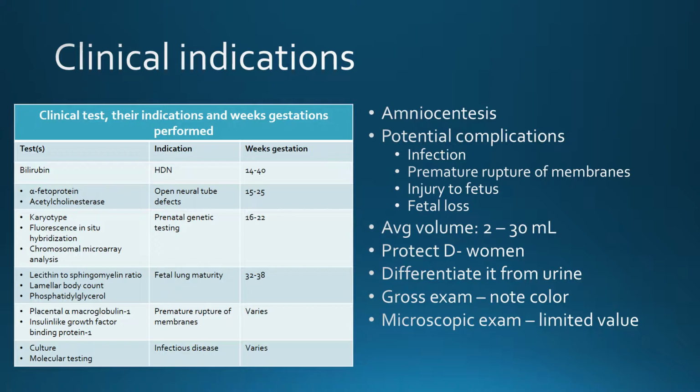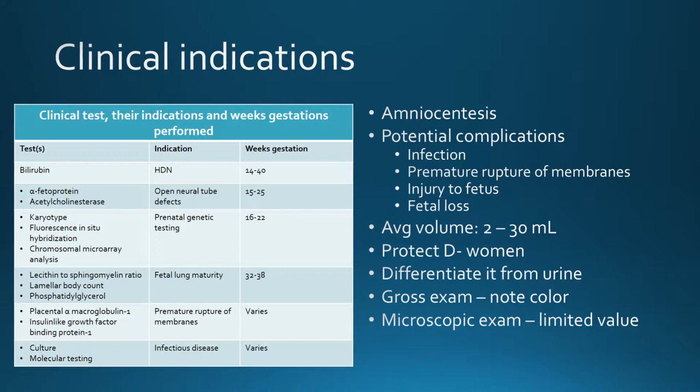If it does need to be performed, you can see on the chart that there are different ranges of weeks where it can be performed. The most common weeks are 15 through 20. Okay, but taking into account the significant risks is something that has to be determined between the doctor and the patient.